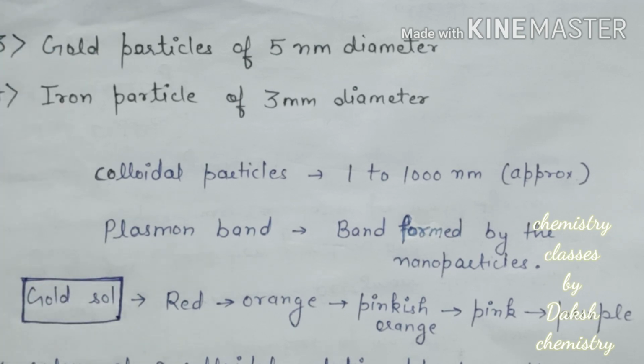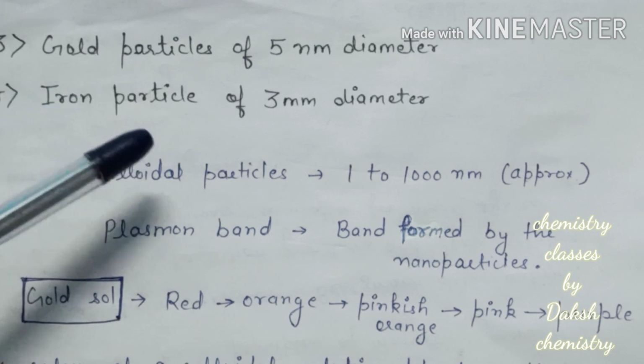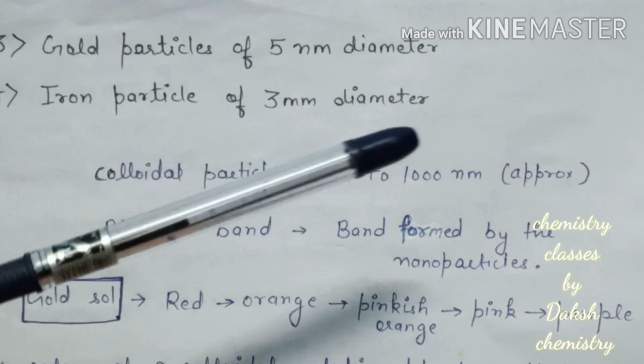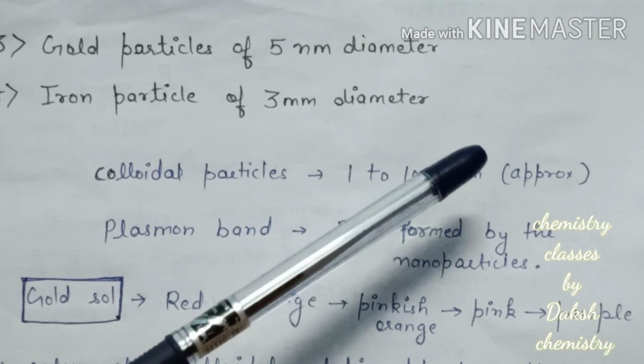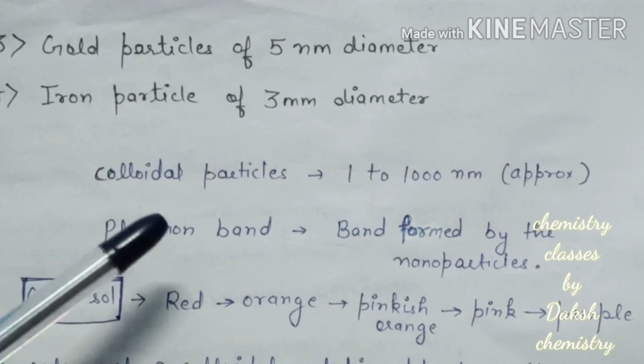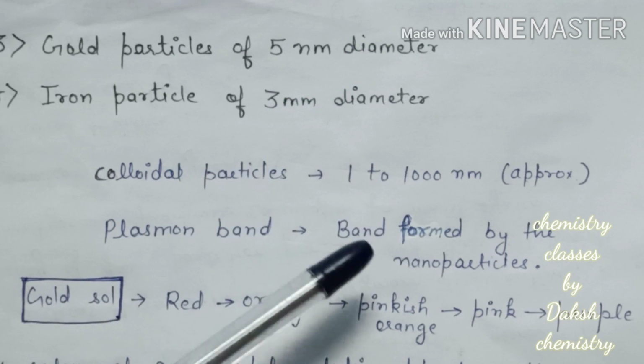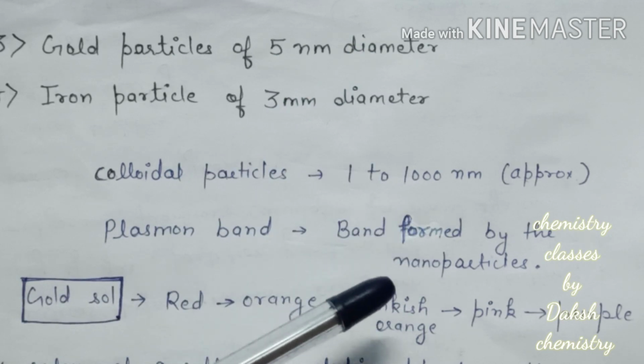So it is an easy and tricky question. As we know, colloidal particles range between 1 to 1000 nanometers approximately, and plasmon bands are formed by nanoparticles.